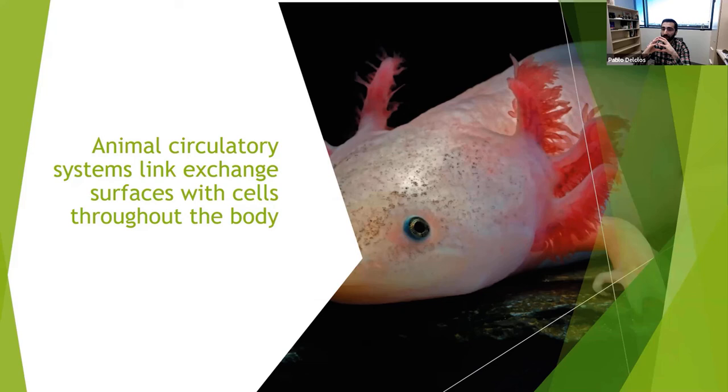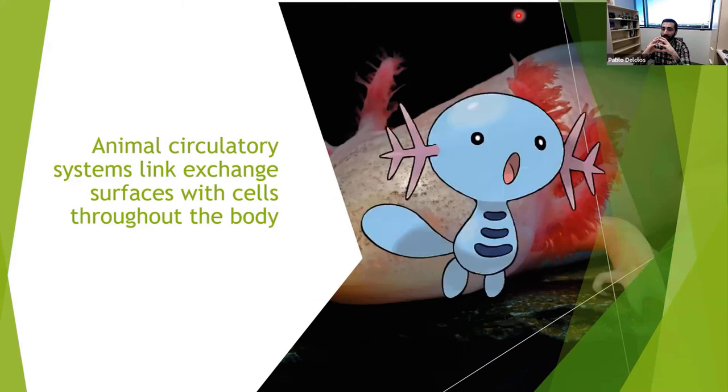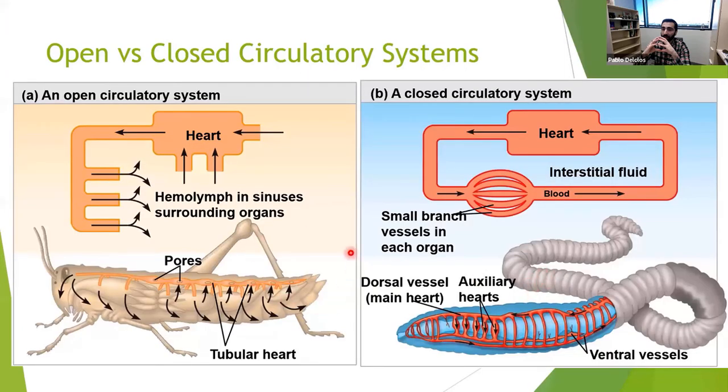And that's what allows the oxygen acquired from these gills, like in this axolotl or in this whooper, to be transported throughout the rest of the body. Now, in terms of circulatory systems, they can be either open or closed. In arthropods and in some mollusks, circulatory fluid just bathes the organs directly in what's called an open circulatory system.